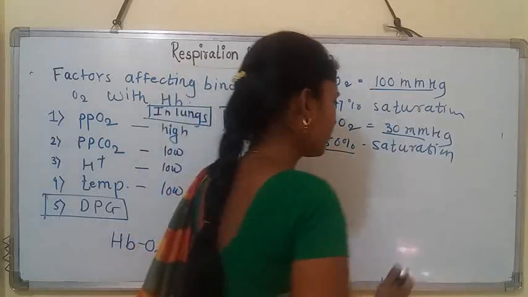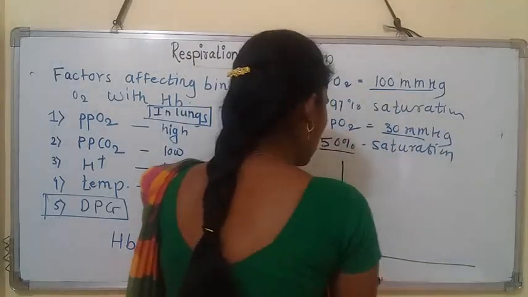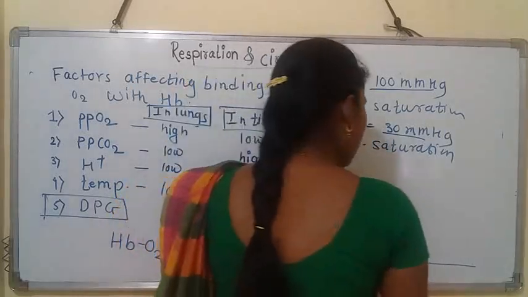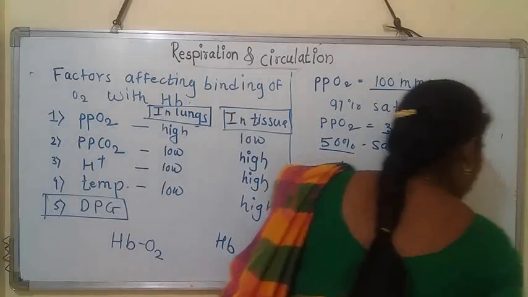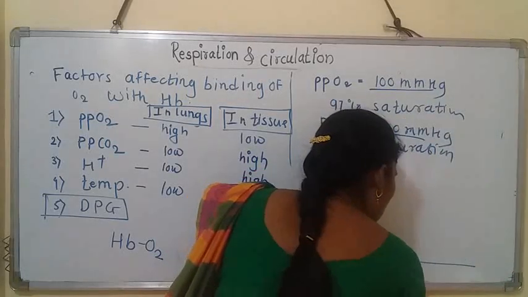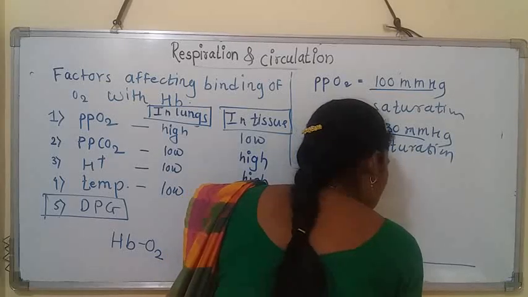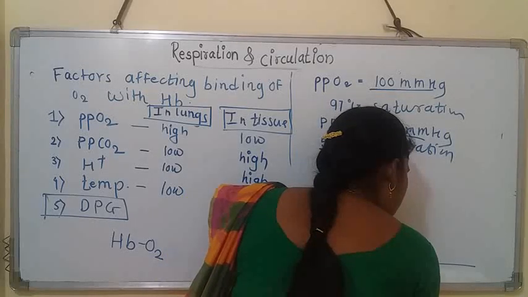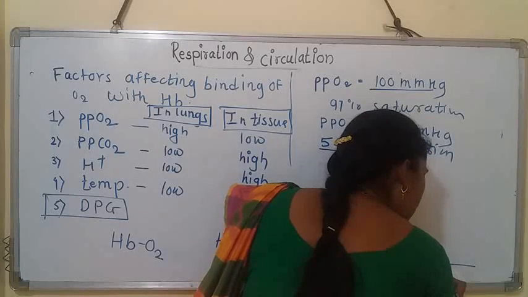See, x-axis, y-axis, and they have given on the x-axis partial pressure of O2: 0, 20, 40, 60, 80, 100.